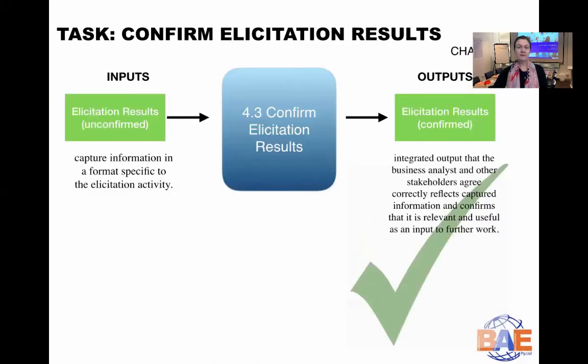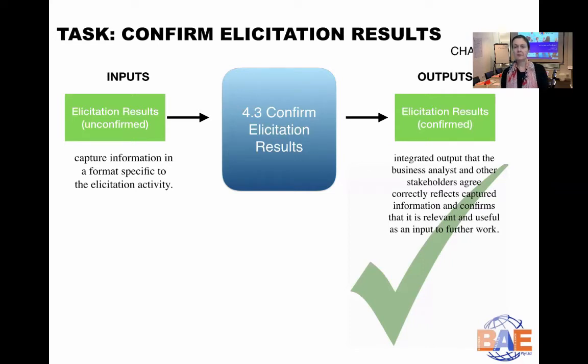So from an input and output perspective, it would be easy to remember that you need the elicitation results that are unconfirmed. So all of the output that you managed to gather from your elicitation session is the main input into this particular task of confirming the elicitation results.